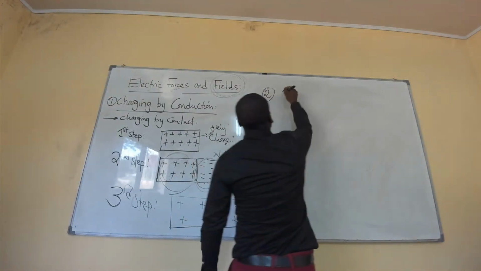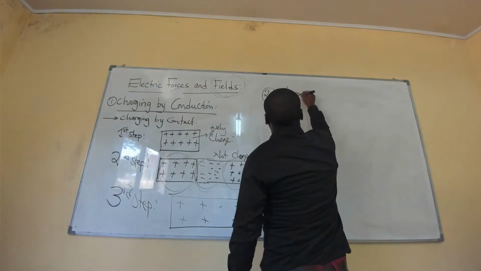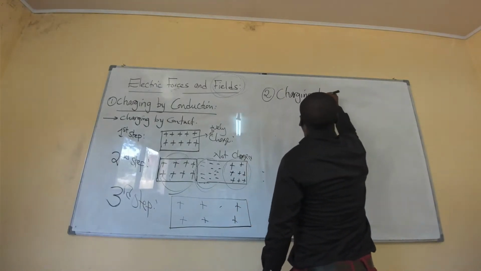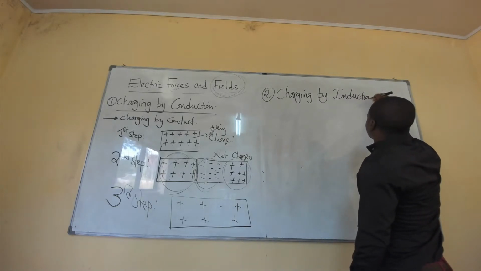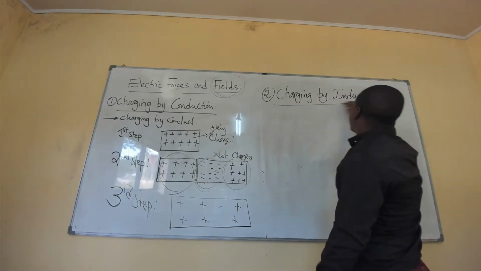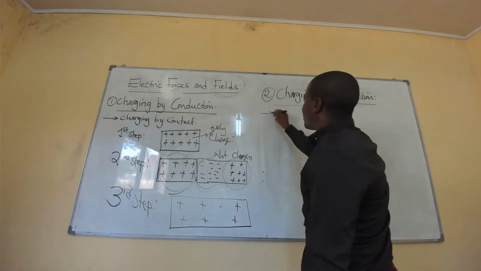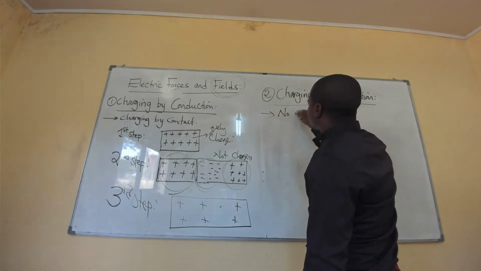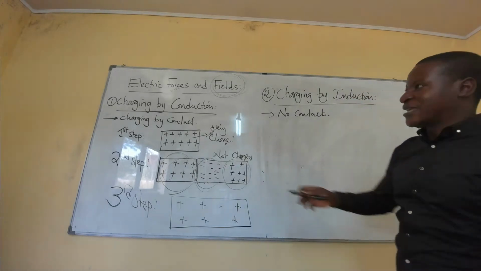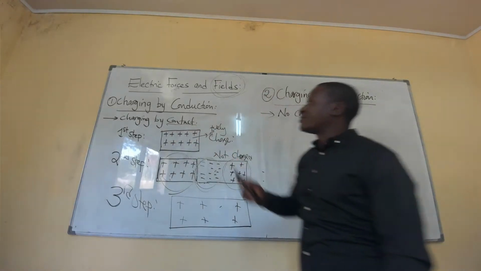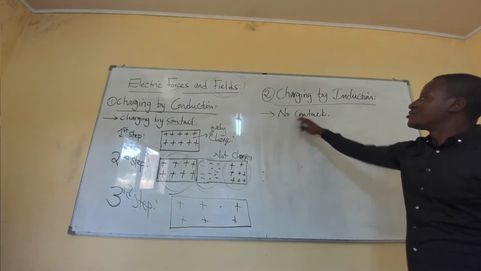Okay, the second one is charging by induction. This, of course, should remind you that here there is no contact. Here we are saying this is charging by contact, but here there is no contact.